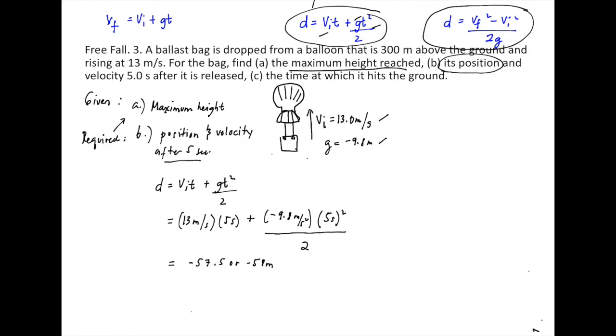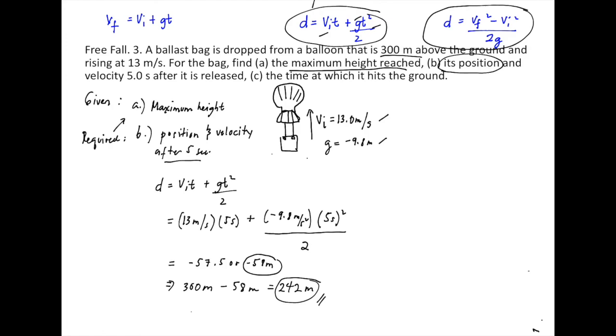After 5 seconds, it will have a height of negative 58 meter. But the actual height that we're going to look is, remember that we have 300 meter above the ground. So meaning to say, I should subtract 300 meter minus 58 meter, and that is approximately 242 meter. And this is my answer for letter B.